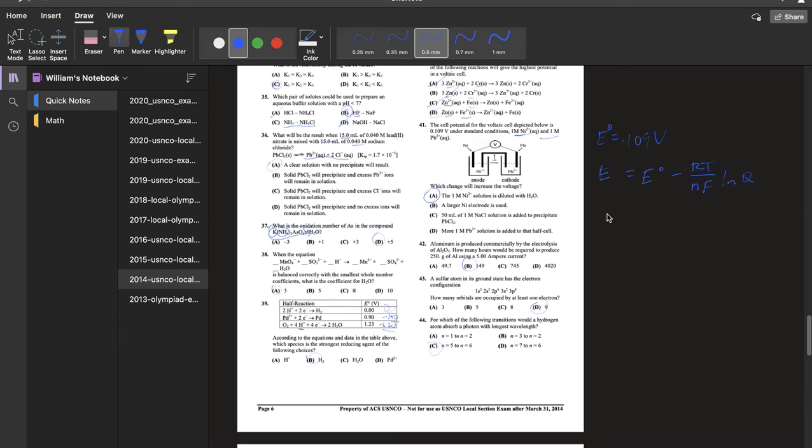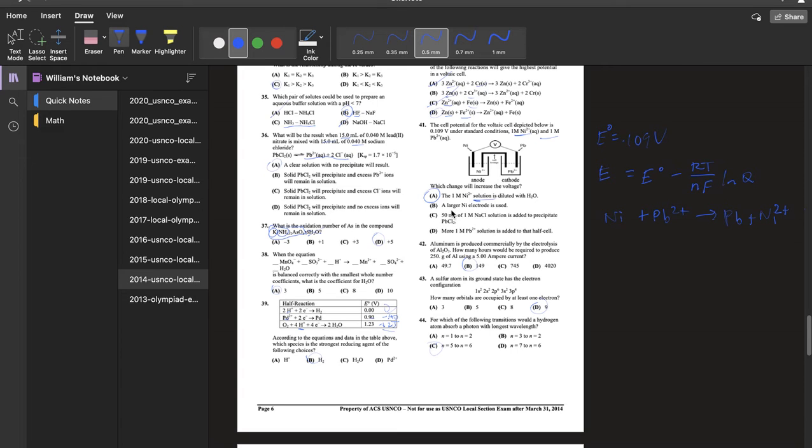So if we take that into account, we know that lead is being reduced, nickel is being oxidized. Then we can write it like this. I'm just omitting states for now because it's a little bit easier that way. So if we dilute Ni2+, we're decreasing Q because we're making the concentration of a reactant smaller.